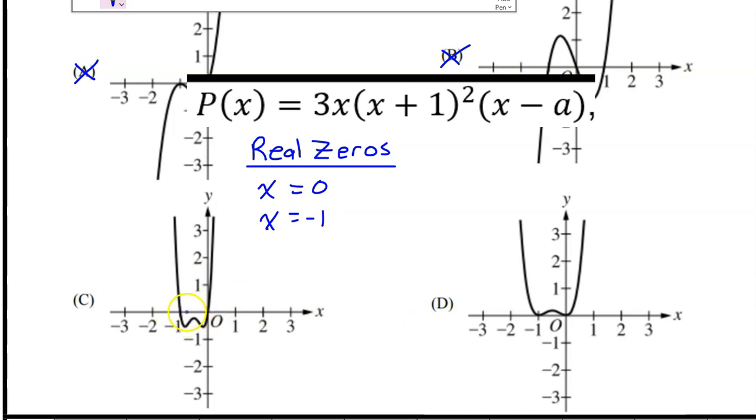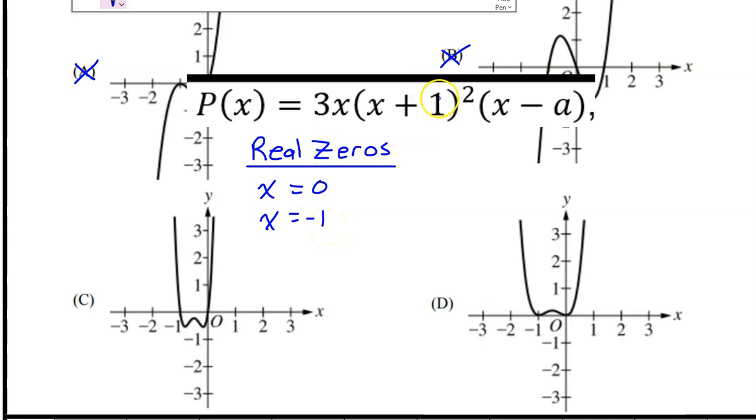Option C has a 0 at negative 1 and 0 only, and option D has real zeros at negative 1 and 0 only. So there are no other real zeros. So a is either 0 or it's negative 1.